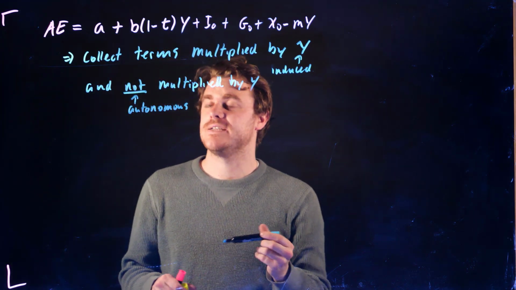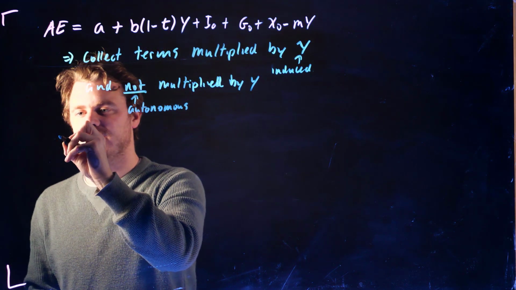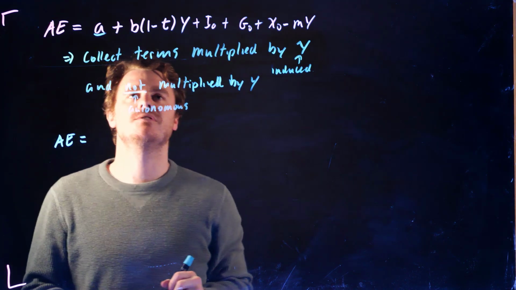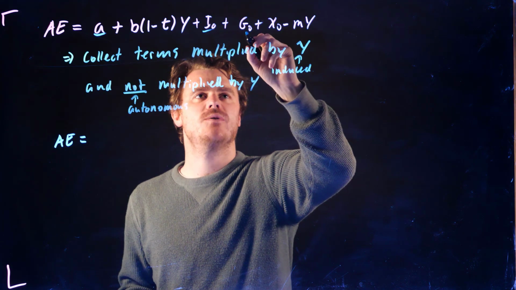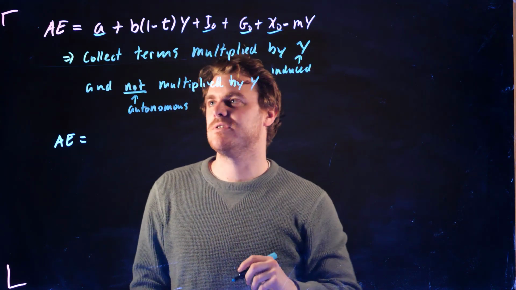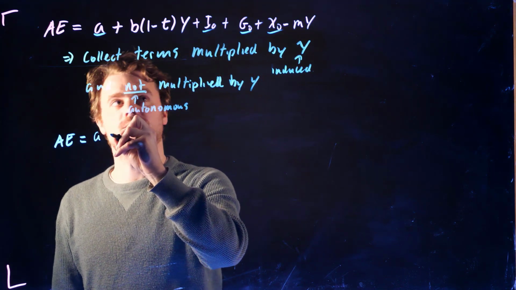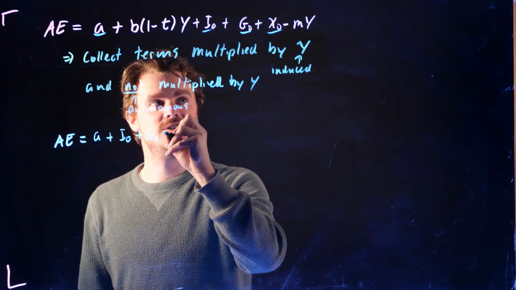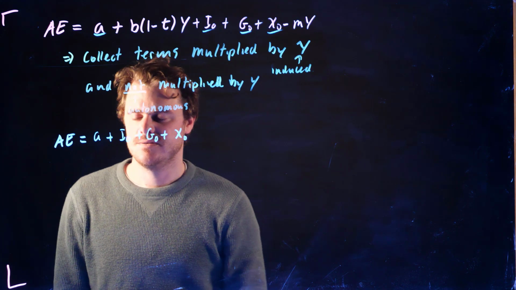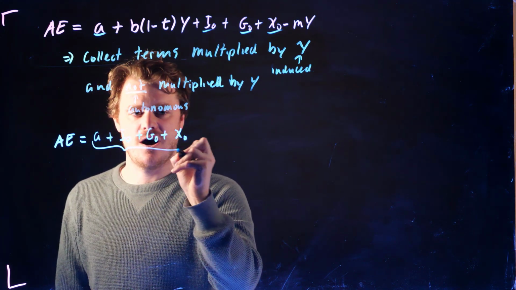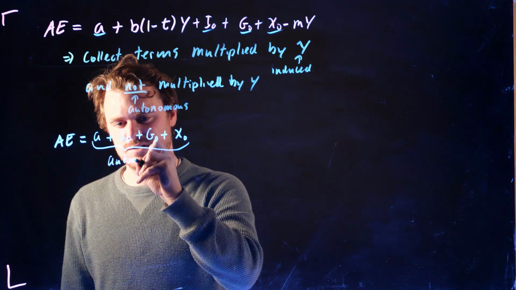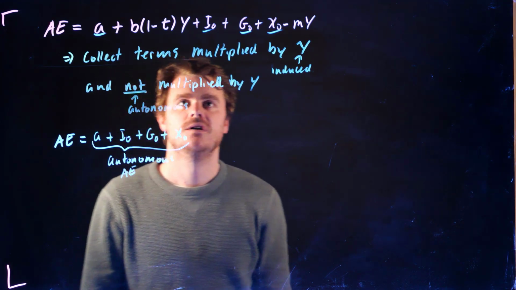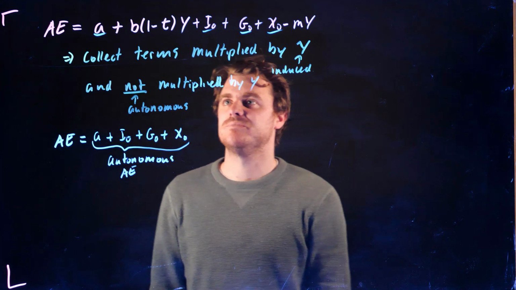All right, so that's all we're going to do here, so AE equals, so this doesn't rely on Y, this doesn't rely on Y, this doesn't rely on Y, and that doesn't rely on Y. So A plus I0 plus G0 plus X0. This is that autonomous aggregate expenditure. Then we're going to collect everything that is multiplied by Y.